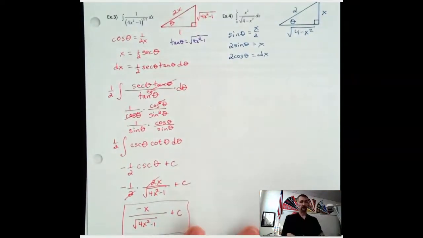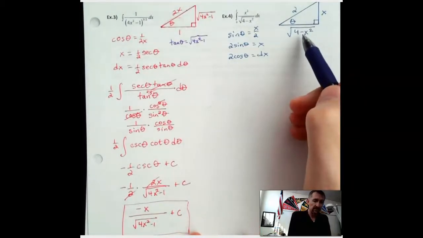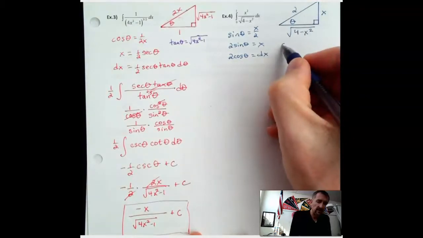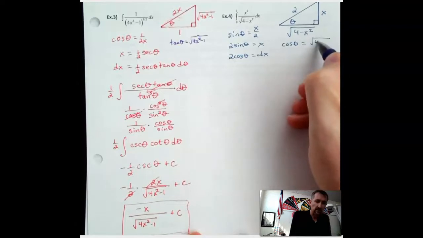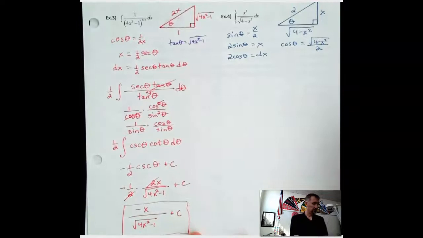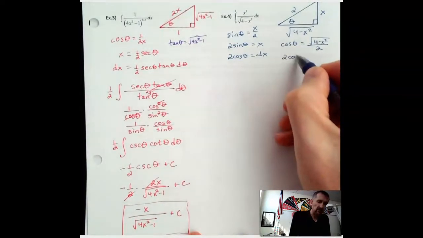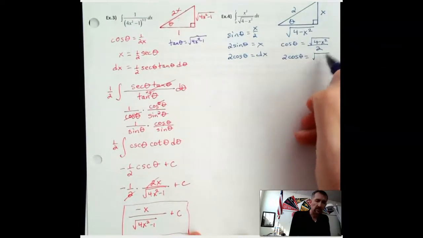Now, we also need to be able to substitute this, so the easiest way to do that would be cosine. So we have cosine of theta equals this over 2, and that means that's 2 cosine theta.